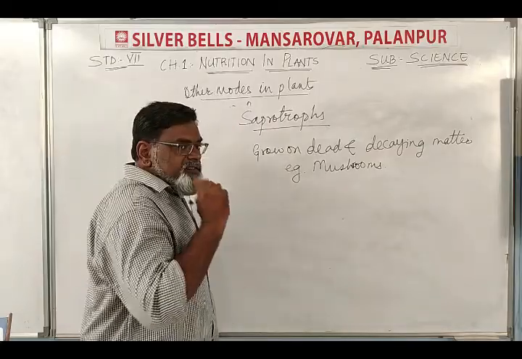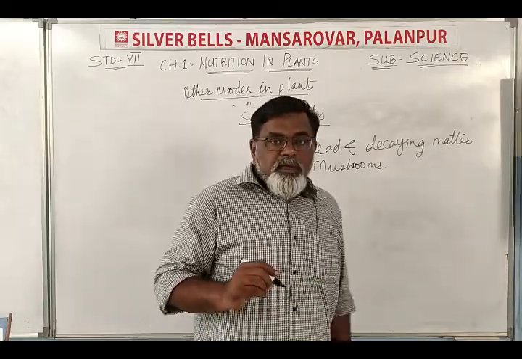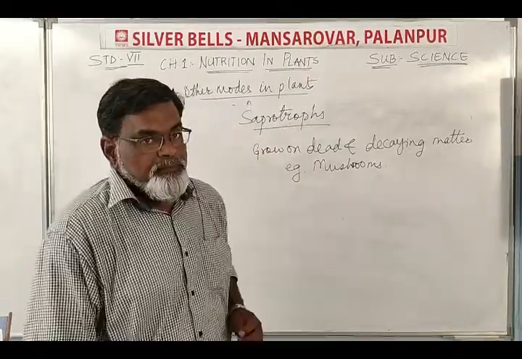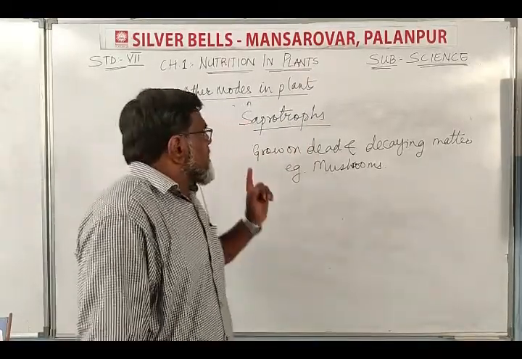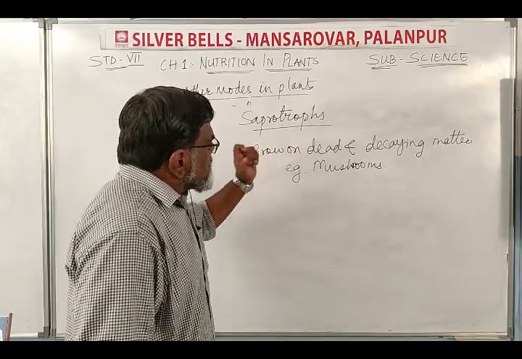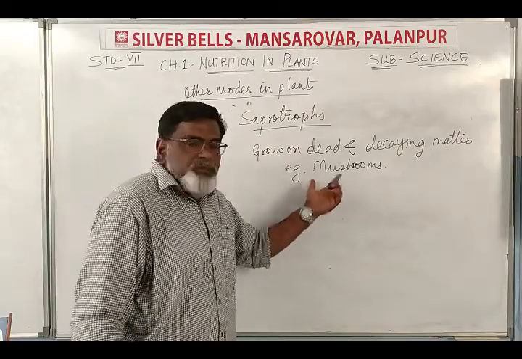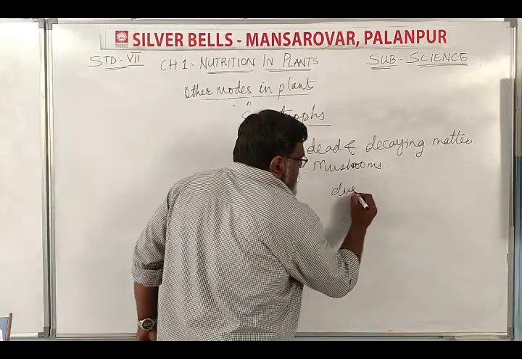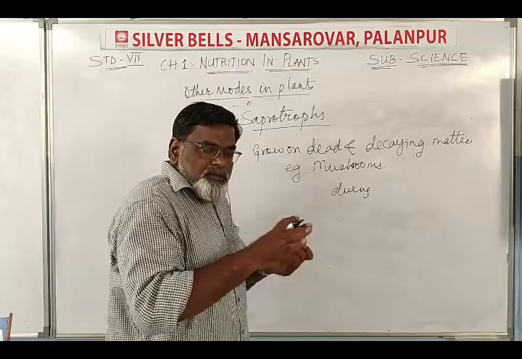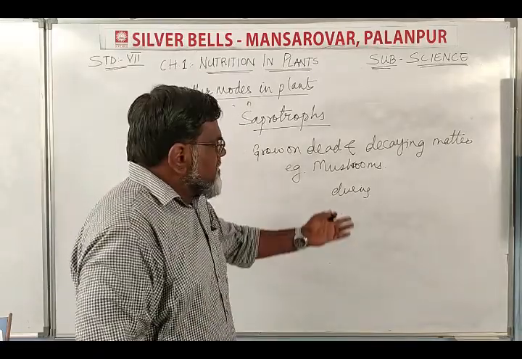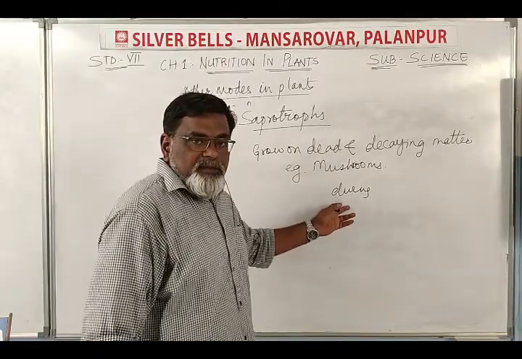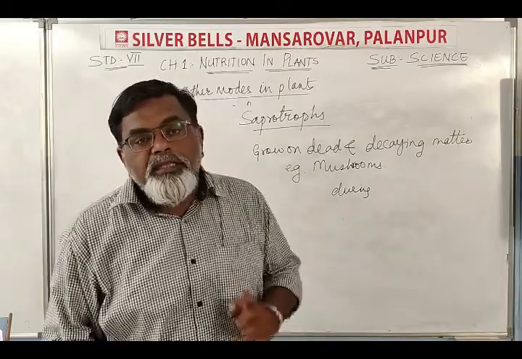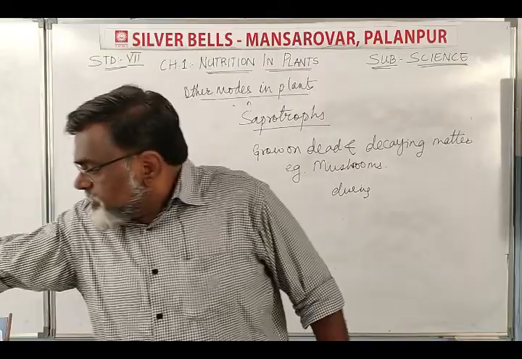Now the last one is... Saprotrophs are mainly seen. ये mushrooms कब होते हैं? During rainy season और after rainy. कोई भी जगह जब moist होती है वहाँ पर जाके these plants grow. Clear? And the last one is symbiotic.